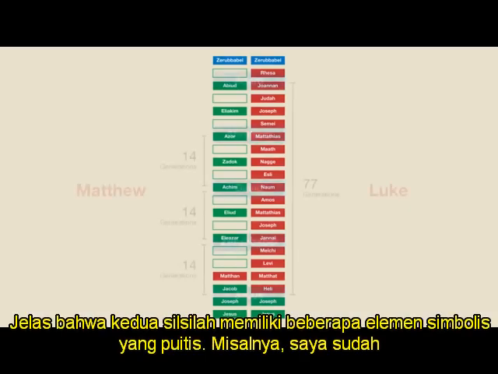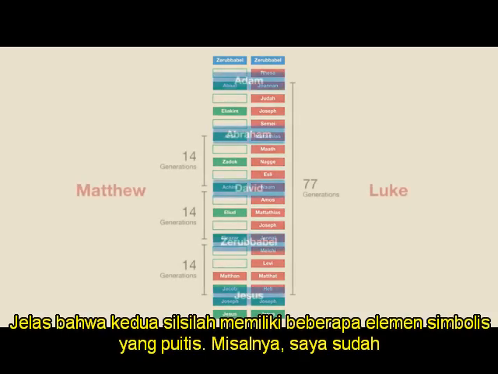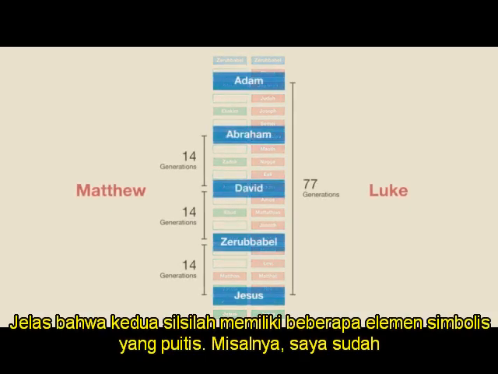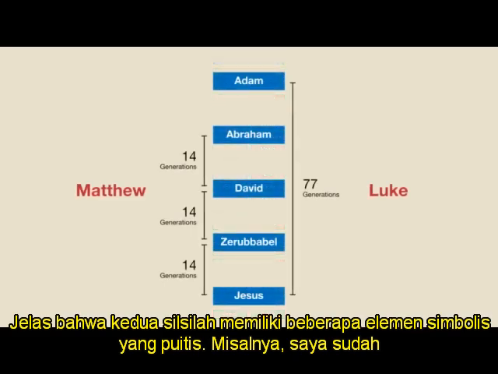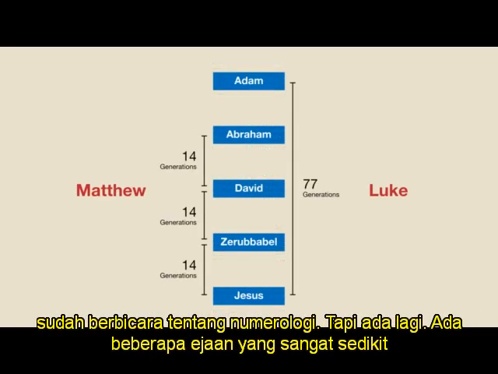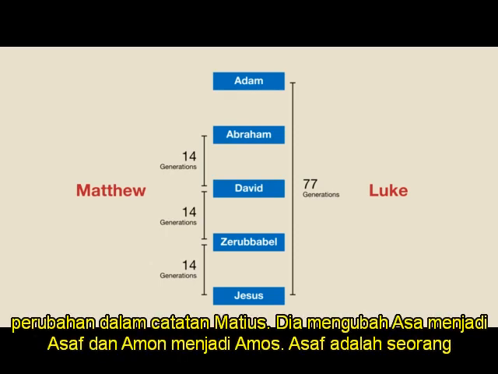It's clear that both genealogies have several poetic, symbolic elements. For example, I've already talked about the numerology, but there's more. There's some very slight spelling changes in Matthew's account. For example, he changes Asa to Asaph and Amon to Amos.